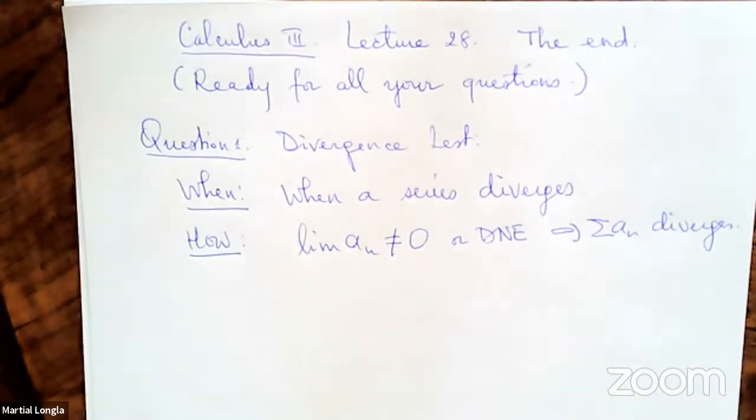So the two things, when do you use it? You say when a series diverges. How do you use it? When the limit of an is not 0 or does not exist, the sum of an diverges. That's the divergence test.